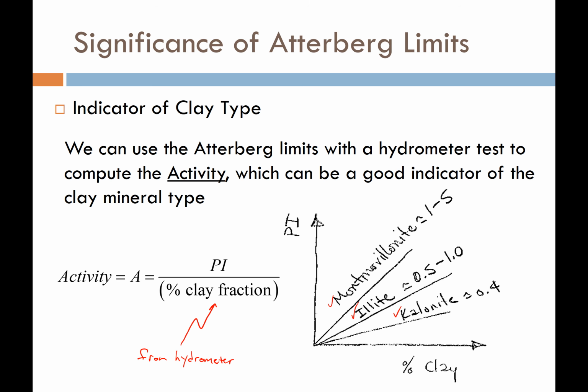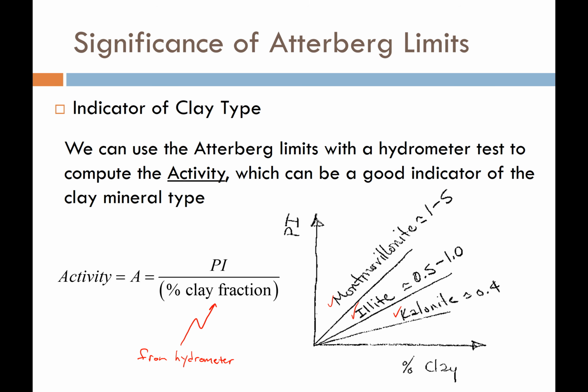So if I have an activity level that's 1 or greater, that's telling me that that clay is pretty active in the presence of water, and that I might have some problems like with shrink swell, or it might be pretty sensitive to certain ions that might be present in the soil, or that I might be adding to the soil.